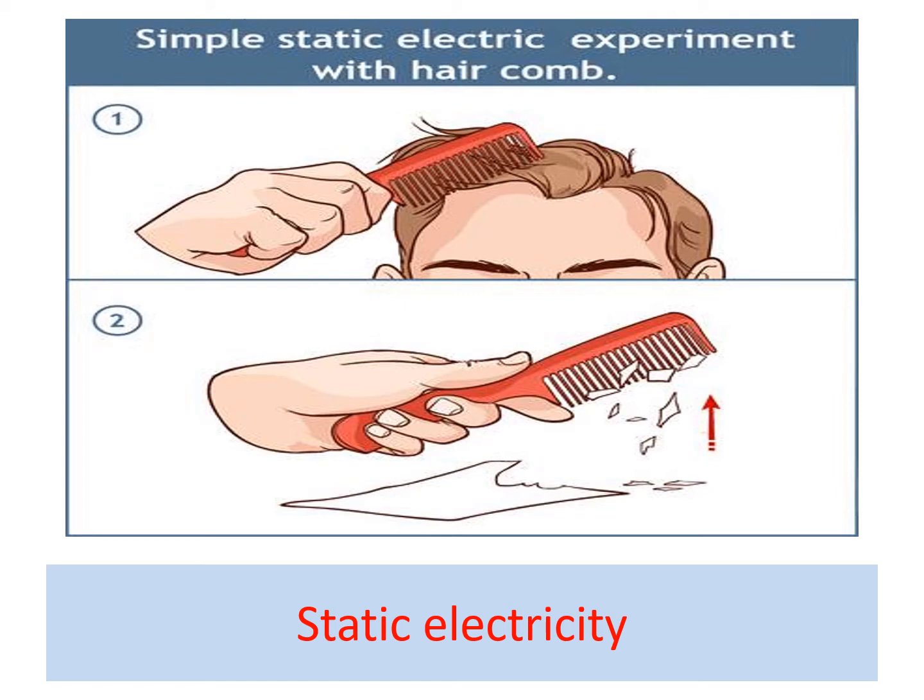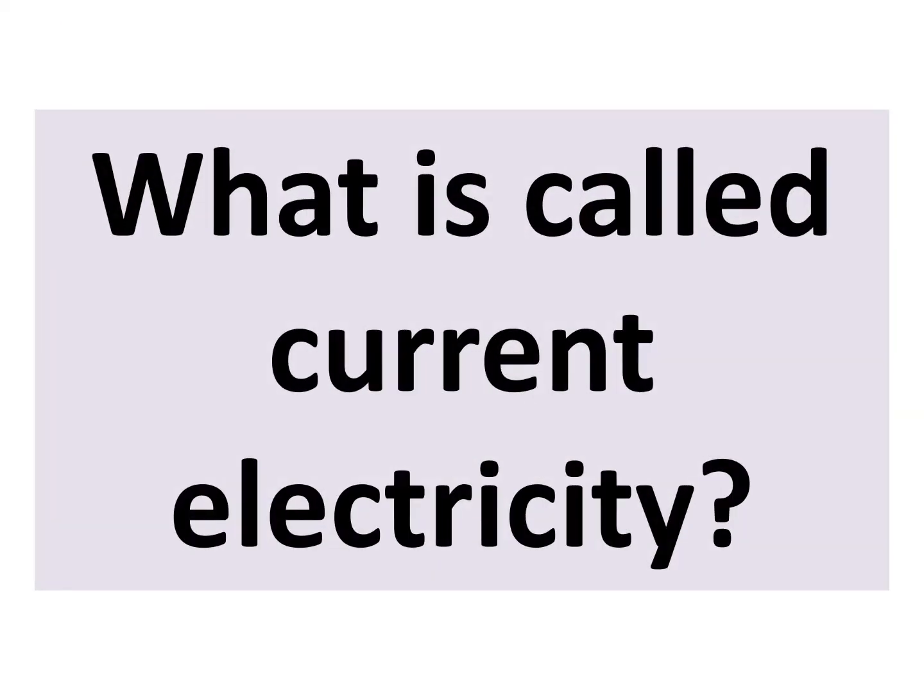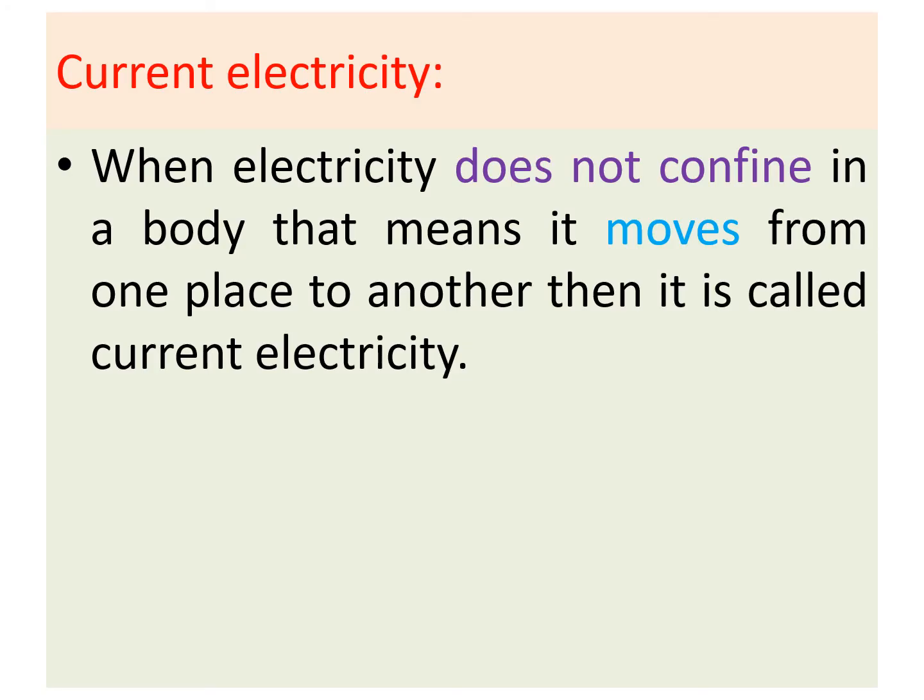Now, my dear students, what is called current electricity? When electricity is not confined in a body, that means it moves from one place to another, then it is called current electricity. I am sure you have understood what current electricity and static electricity are, and let me show you two examples.